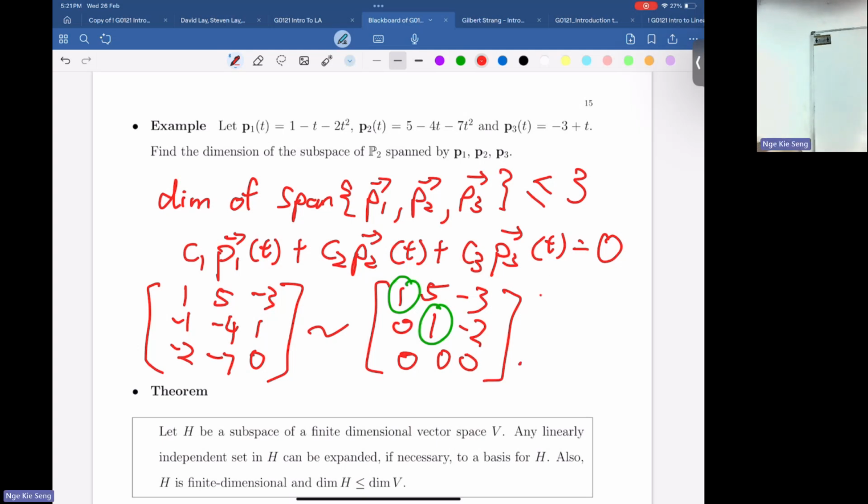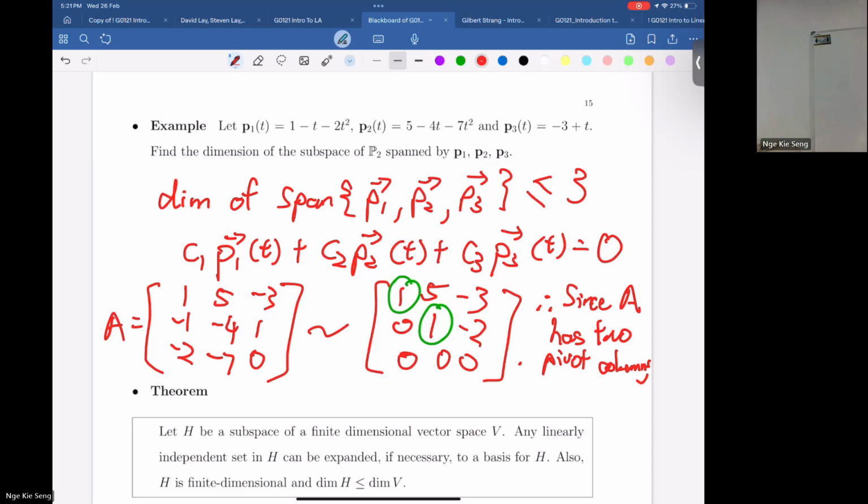okay, so from here, we can say that since, let's call this A, has 2 pivot columns, P1 and P2 form a basis of P2.